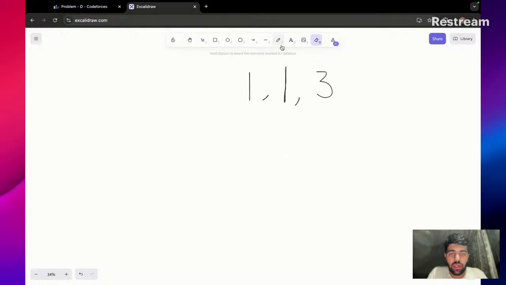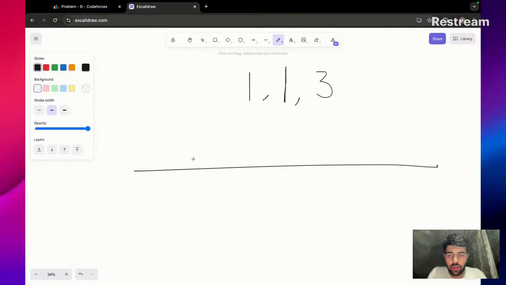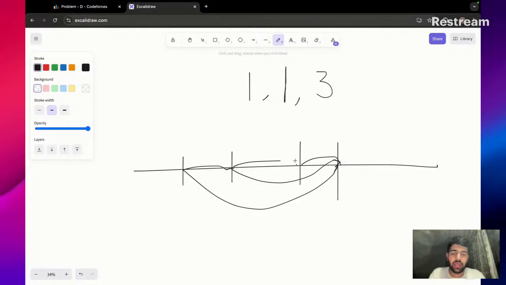Now, if you take note of this graph, then you can see I need not connect all the edges. Why is that so? Because my end goal is to check the number of connected components, right?